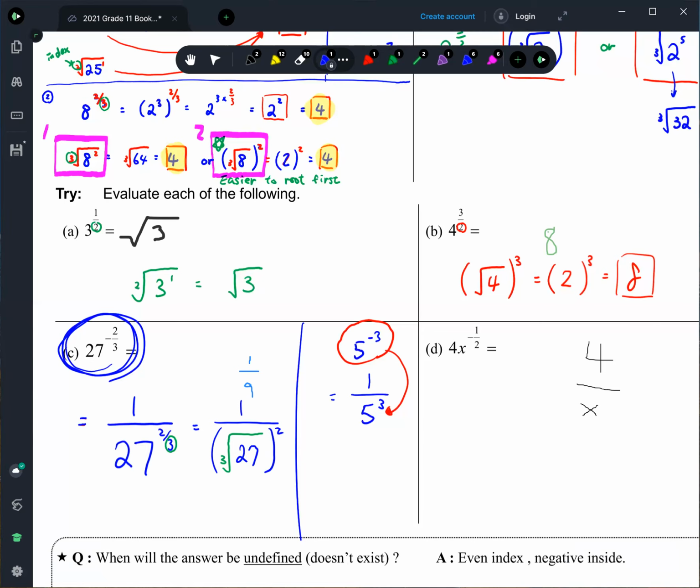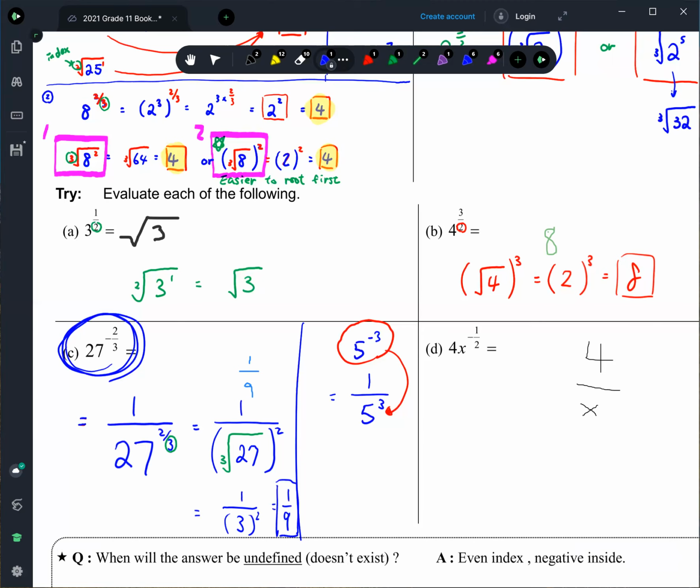Because if you do square first, 27 squared is more difficult, right? So we would do the cube root of 27 first. What is the cube root of 27? Geoffrey? 3. Yep, okay. So we have 1/3 squared, and that gives you 1/9. Okay, so 1/9 correct.